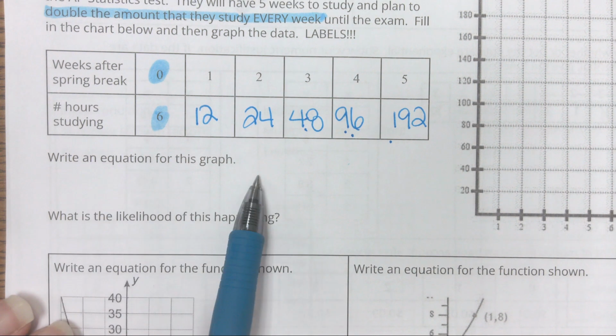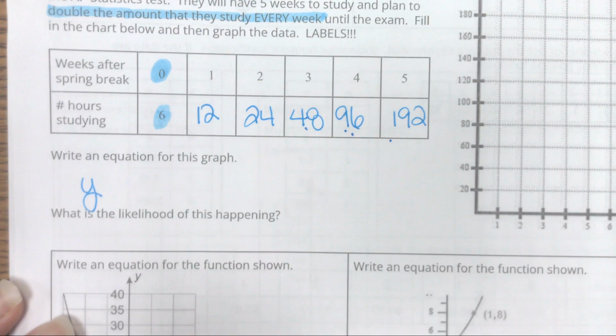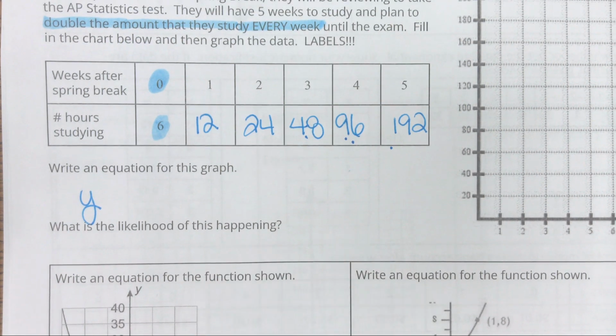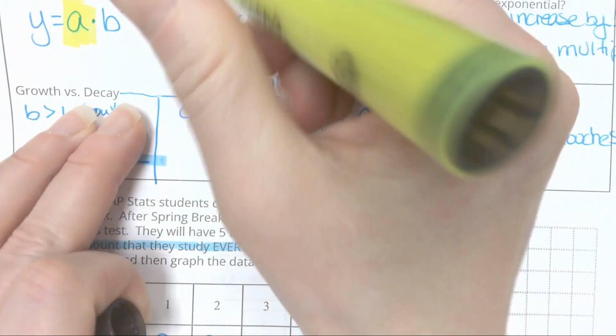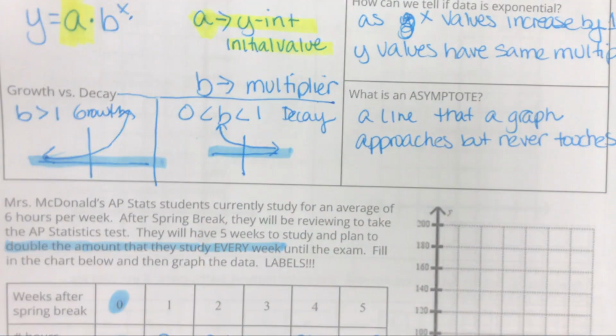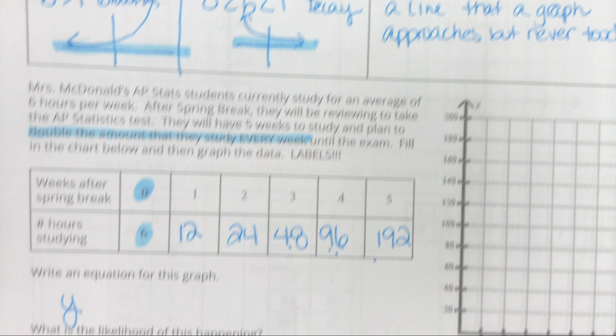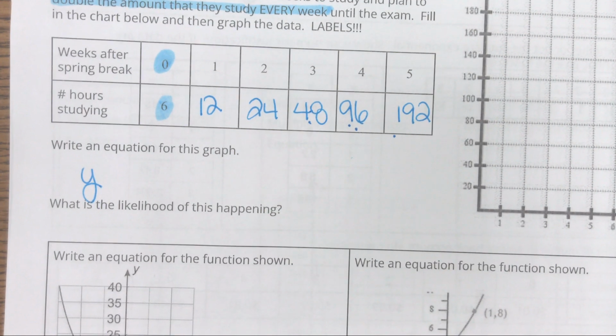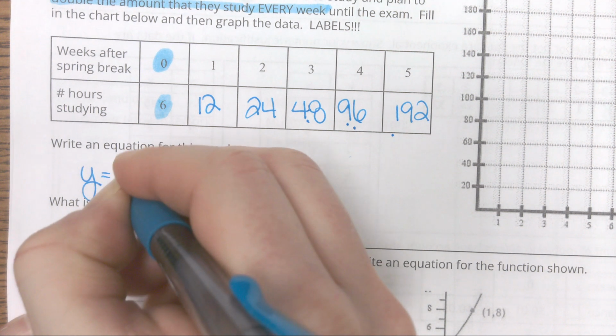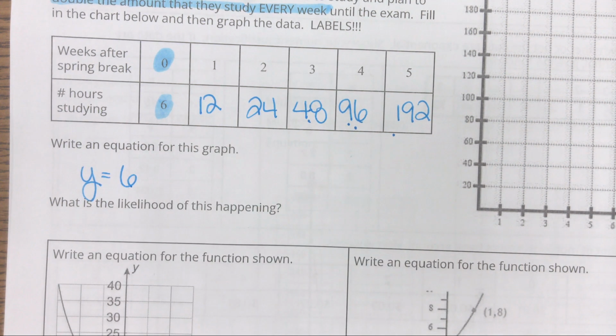So let's write our equation. Let's remember up here that A is the y-intercept or initial value in our equation. We have y equals A times B to the x. What is A in this problem? 6. Very nice. And then the B value is what we're multiplying by.